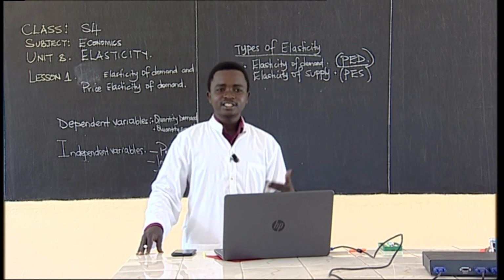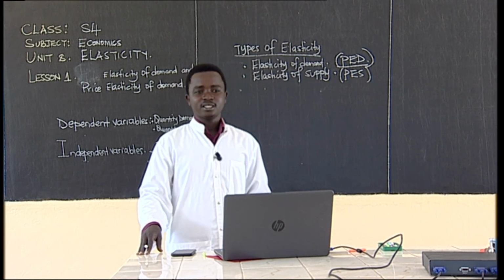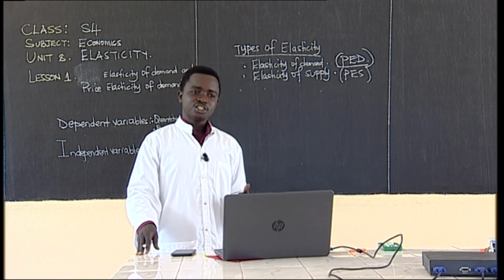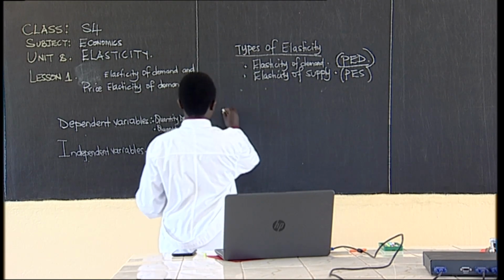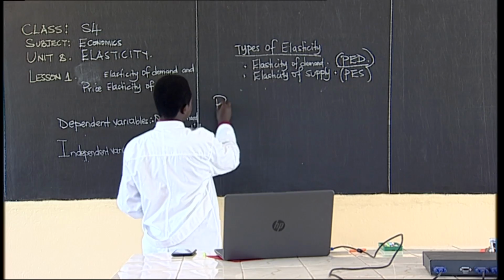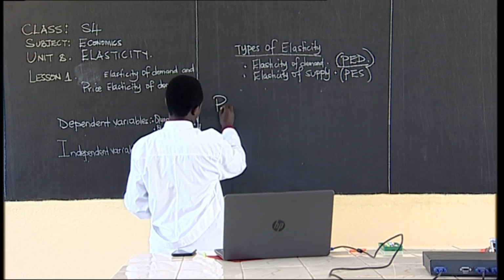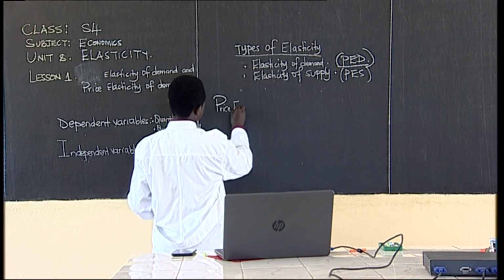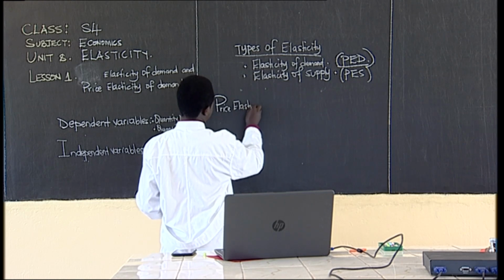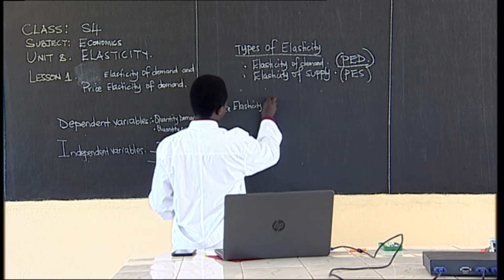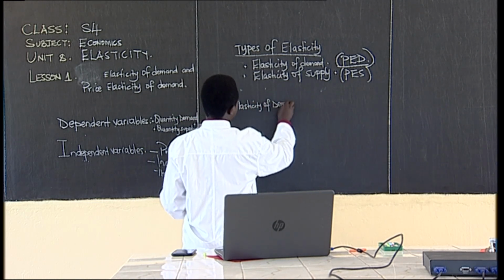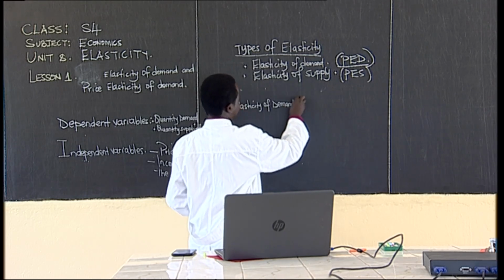It is measured as the percentage change in quantity demanded over the percentage change in price. This is what we call PED.